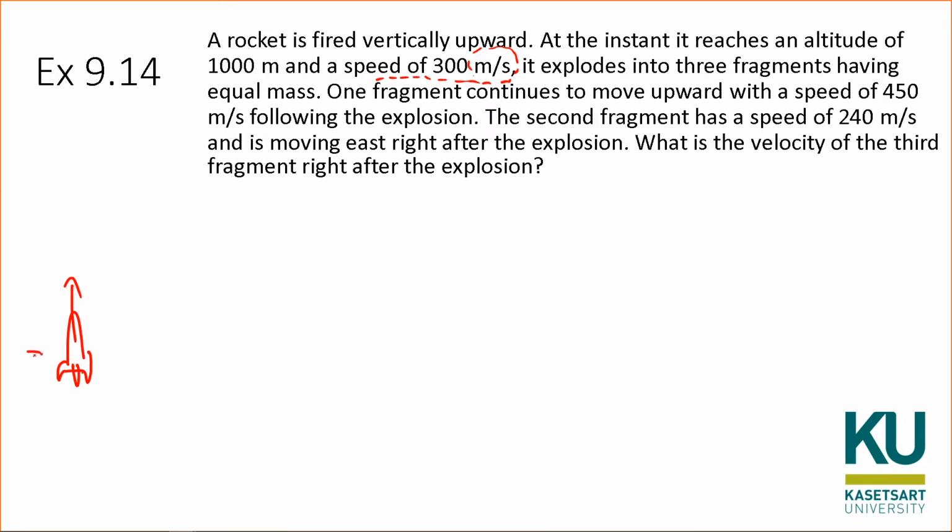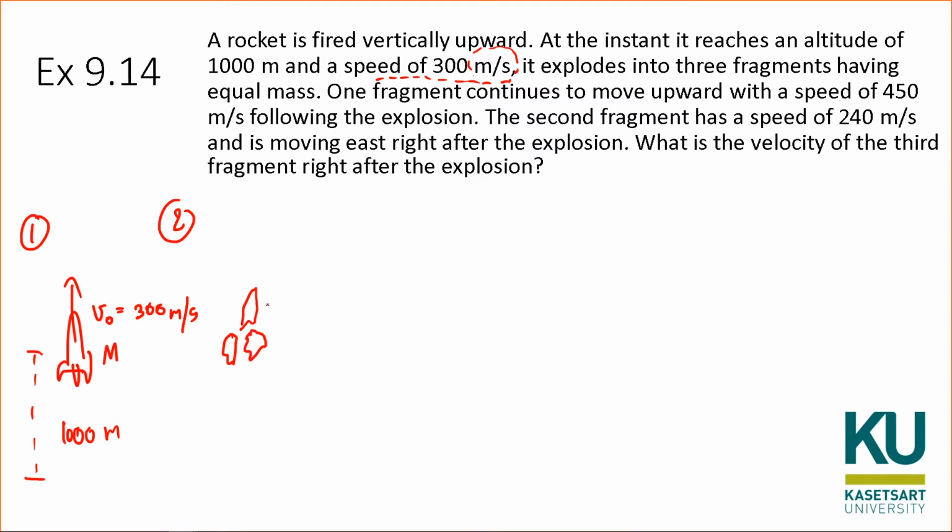So the initial velocity is 300 meters per second, and I will write the big M as the total mass. Afterward, it explodes at this point and splits into 3 parts with the same mass: M over 3, M over 3, and M over 3.